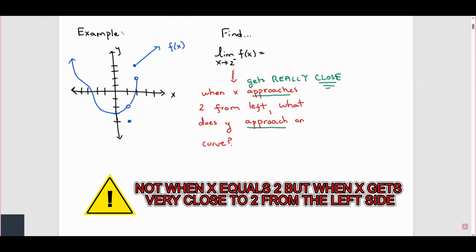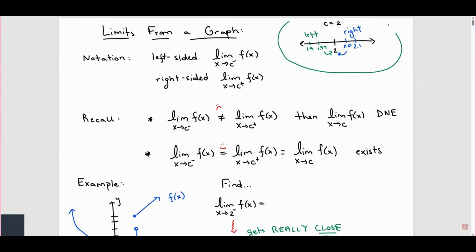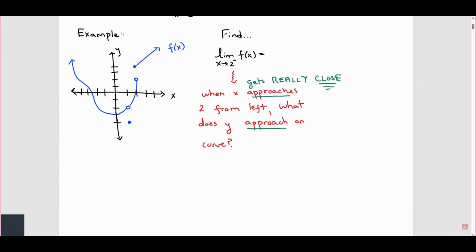We are approaching 2 from the left side. Similarly to the number line at the top, if I wanted to approach 2 from the left, my x value would be like 1.9, 1.99, 1.999, and I keep inching my way closer and closer to this value of 2, but we don't actually reach the value 2. So let's keep this in mind when we go to determine our limit.